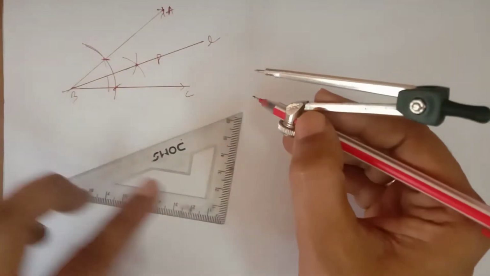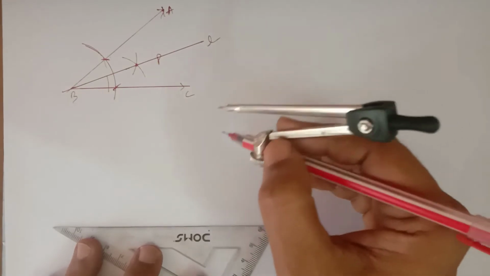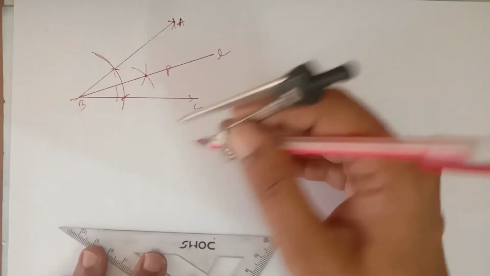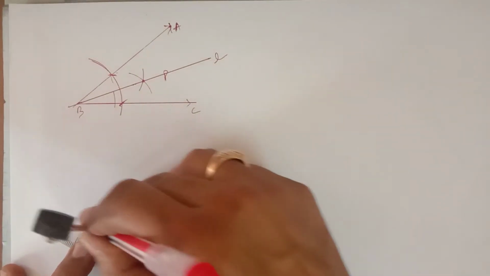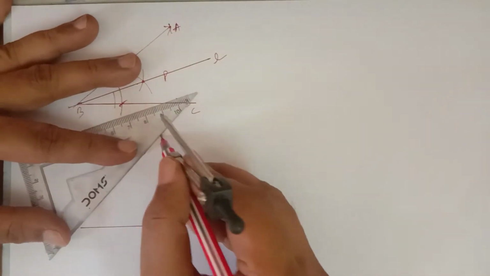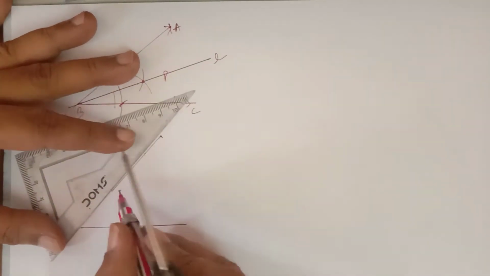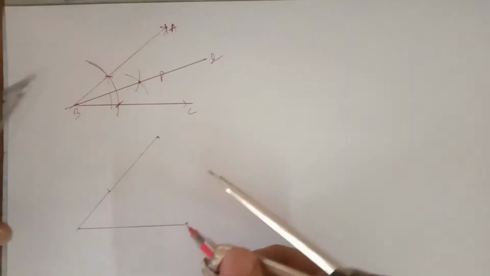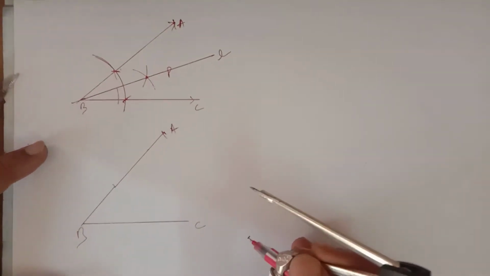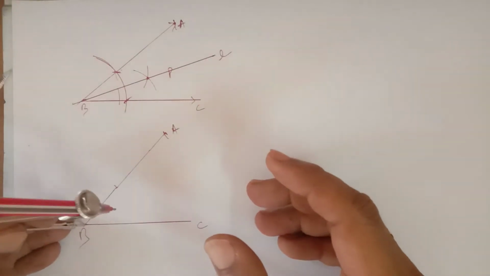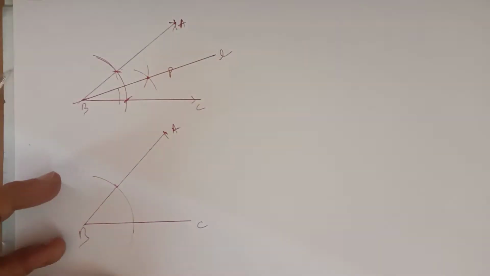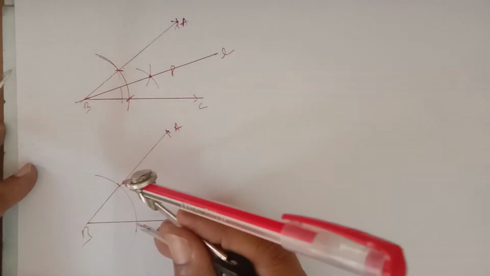I am repeating it again. You draw any angle like this, let us say A, B, C. With B as a center and any radius, you draw an arc, cutting the 2 arms at the 2 points.